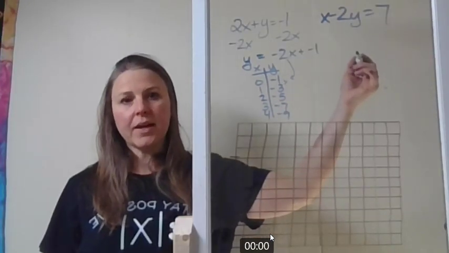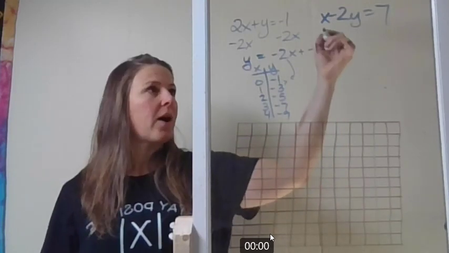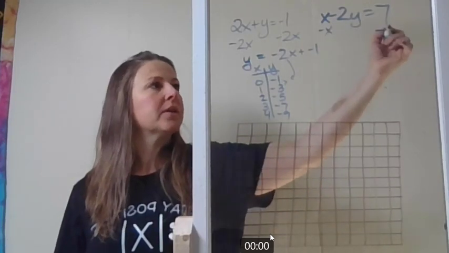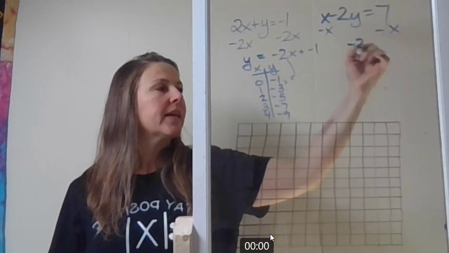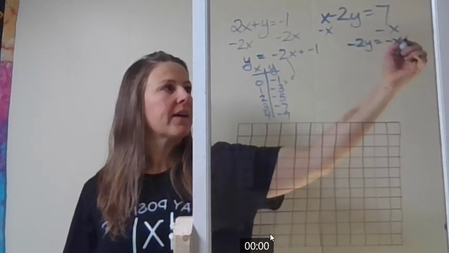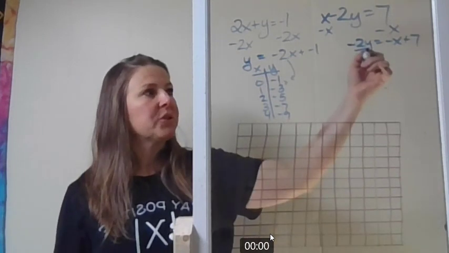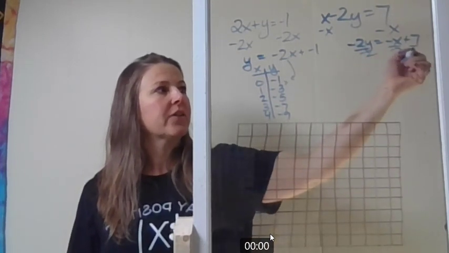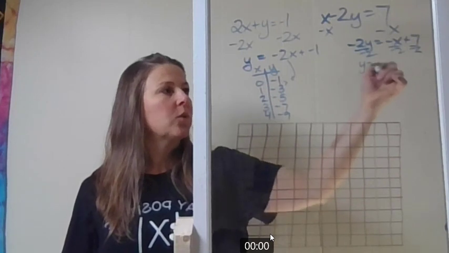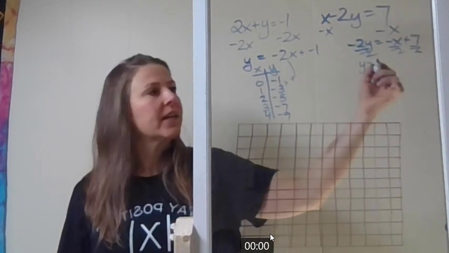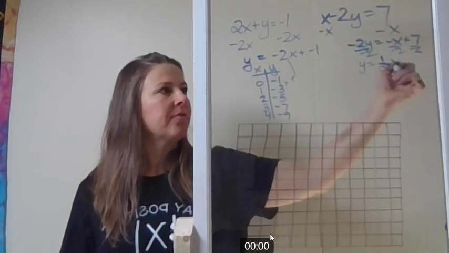Over here, I am also going to just solve for y. This one's going to be a little more work. -2y is equal to -x plus 7. And you're going to need to divide by -2 every single thing. So y equals -1 over -2 is just 1/2 x.